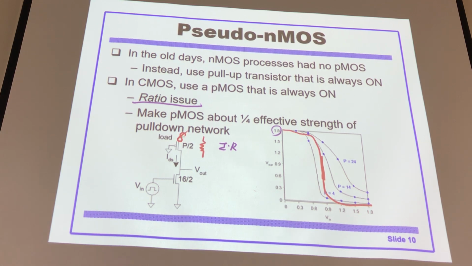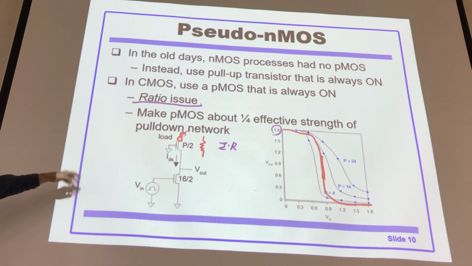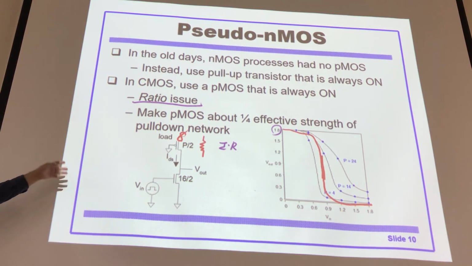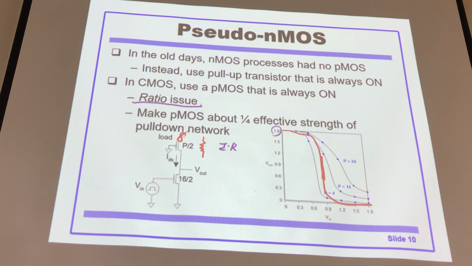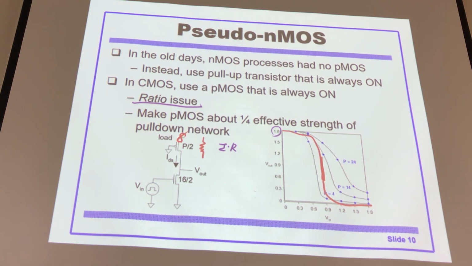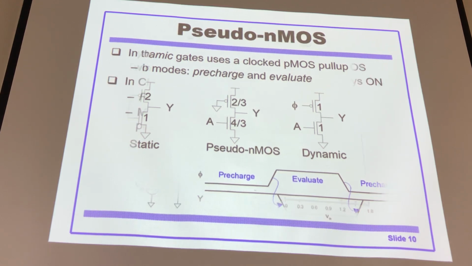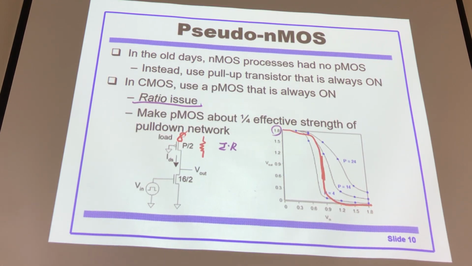But actually, nowadays, pseudo NMOS is not popular. Static CMOS is still the best technology for the circuit family, as it was before the CMOS circuit era. But there's still some benefit to using pseudo NMOS compared to static CMOS.